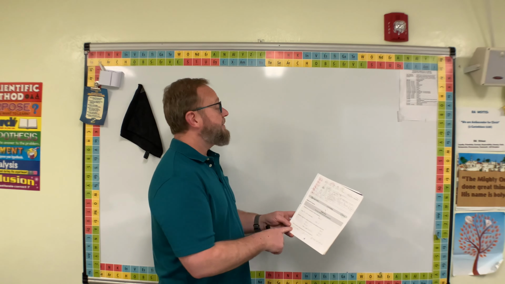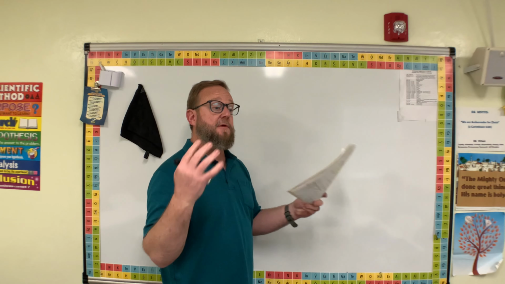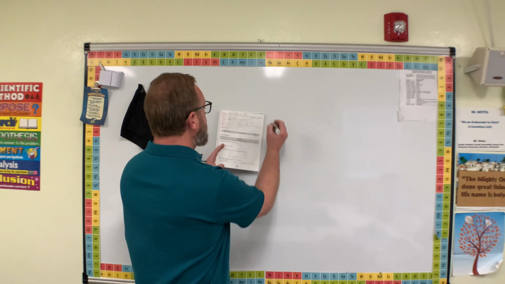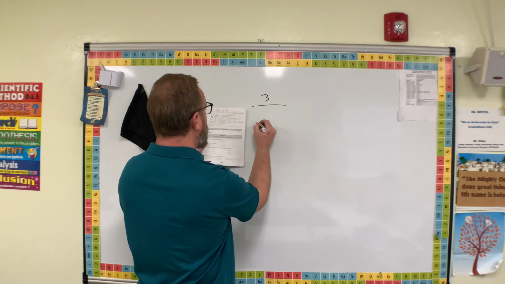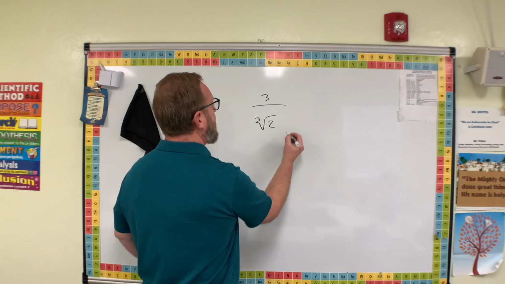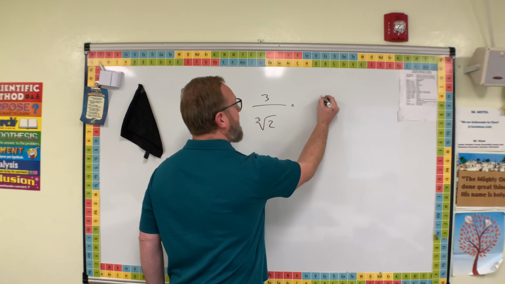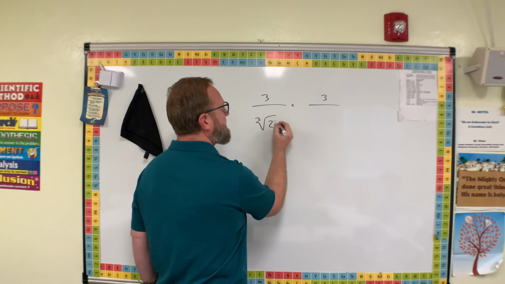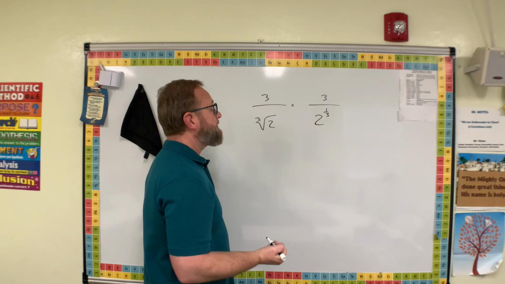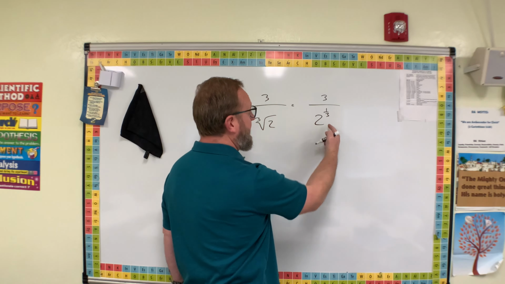If you ended up having something crazy like that, and that whole thing was in the denominator of some term you're trying to work with, that's how you can simplify it out, and you would use a negative exponent in that case. The example they gave you was 3 over the cube root of 2. Another way I could write that would be 2 to the 1/3, right? But this is now in the denominator.